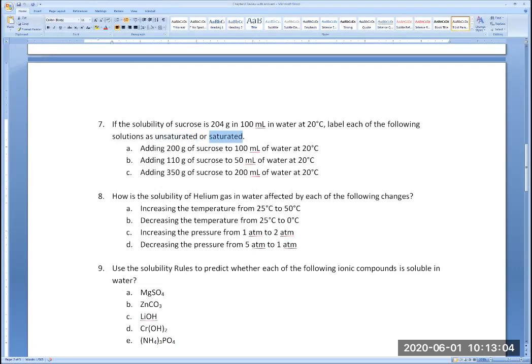So let's look at these examples. If you're adding 200 grams of sucrose to 100 milliliters of water at 20 degrees, classify the solution as unsaturated or saturated. You can use the chat and tell me if you think it's saturated or unsaturated.